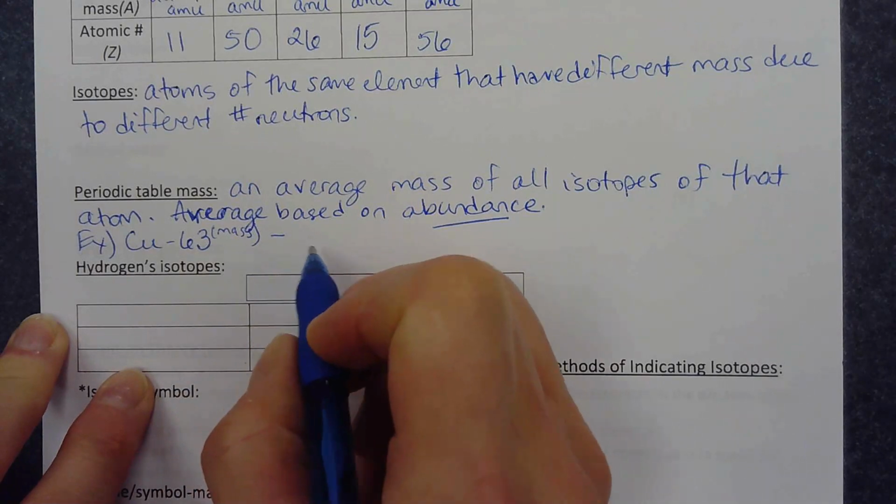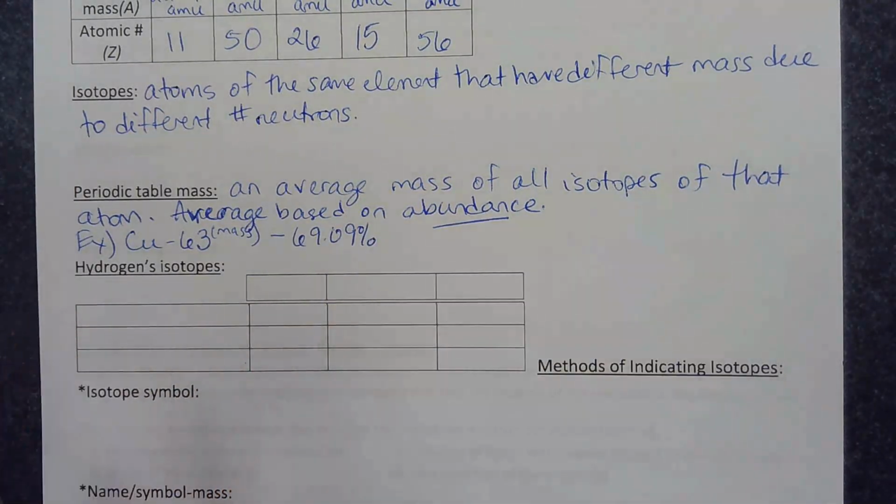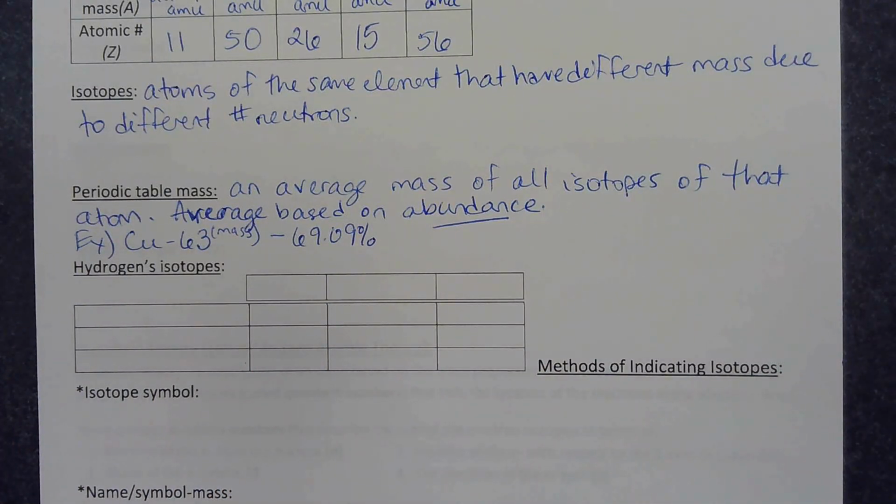And we know that 69.09% of all atoms are copper 63 atoms. Of all atoms that we know of, all that have been discovered, 69.09% of all copper atoms are copper 63, copper with a mass of 63.